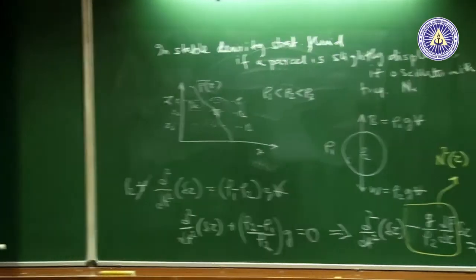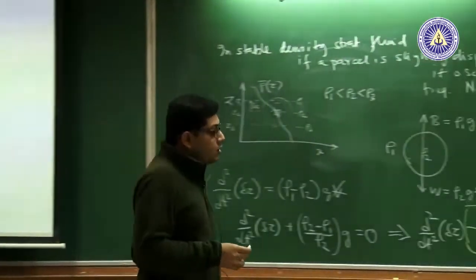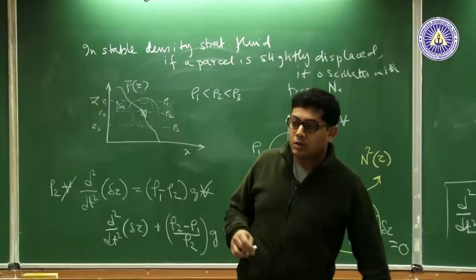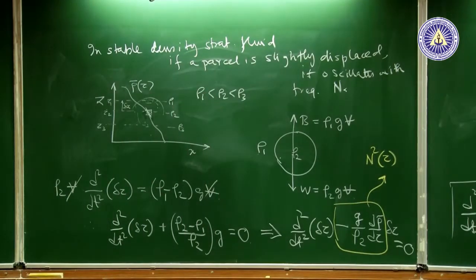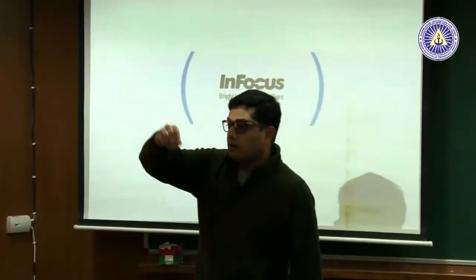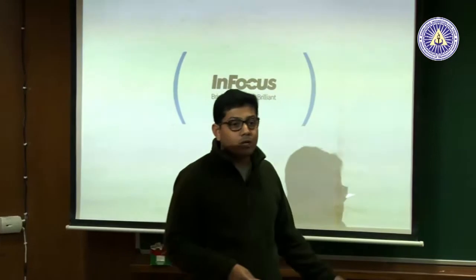You are not considering any dissipative force, that's why it will go on oscillating, right? The assumption is that there are no dissipations, or dissipations would work at a longer time scale. Obviously, if there is a dissipation, it will go down. It will stop.